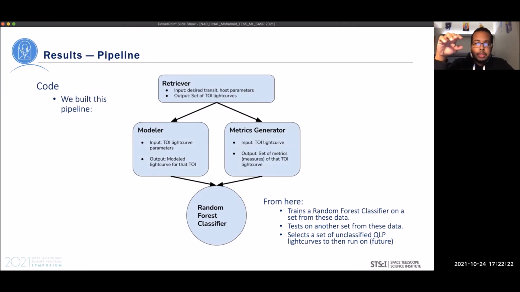From those light curves, we model every single target's light curve using the TOI parameters present in the data set. And then we also calculate pre-computed statistics we called metrics, which I'll talk about in a bit. Given these metrics, the TOI light curve and the modeled light curve, we pass this into our random forest classifier, which tries to identify, is a given light curve bearing an exoplanet or not?